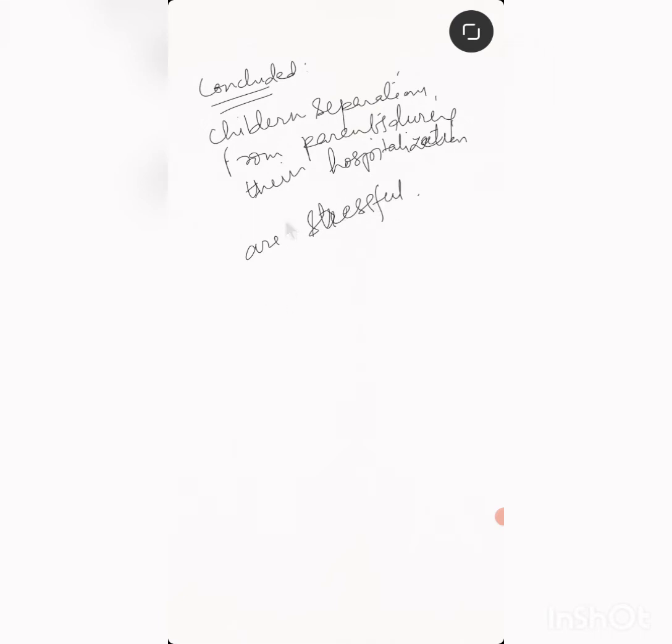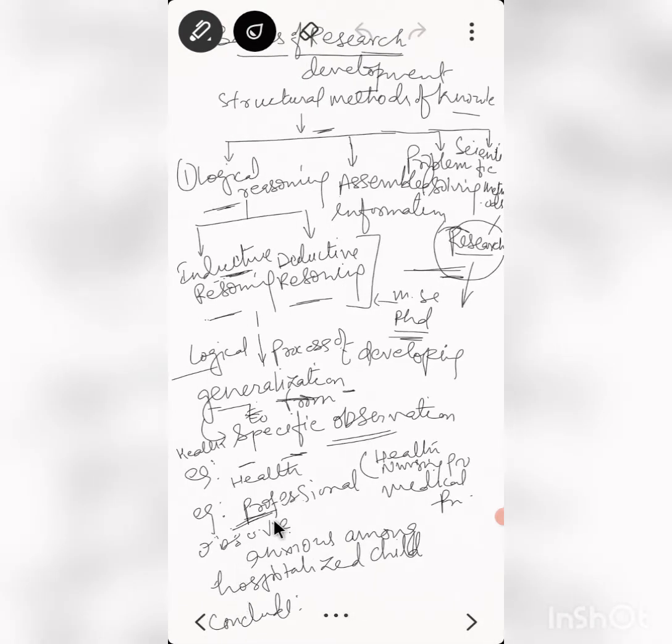So here you can see two things. What did the professional observe at the first instant?